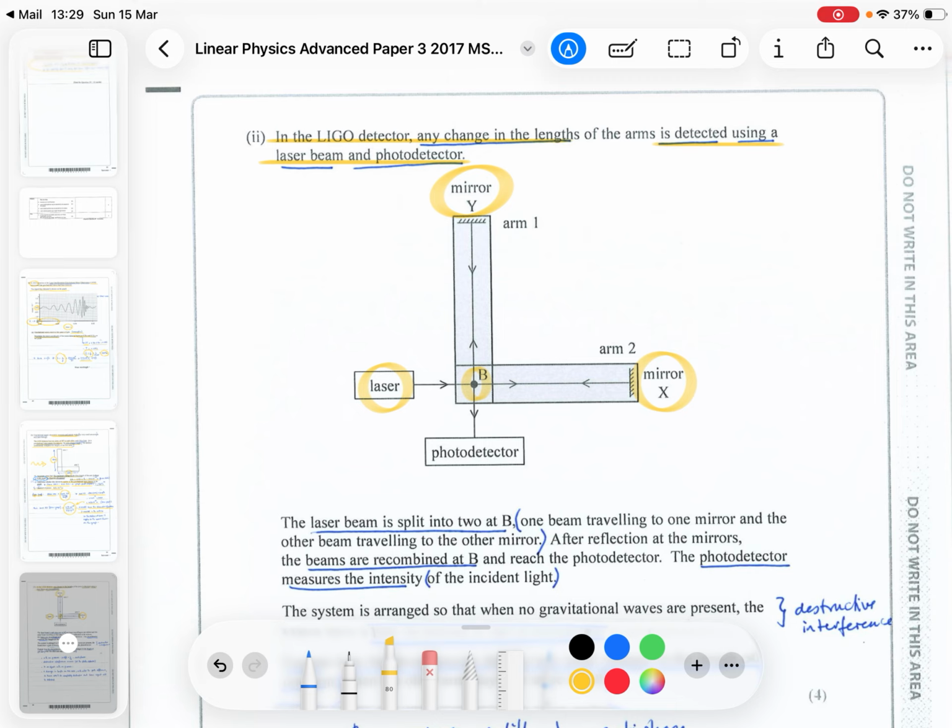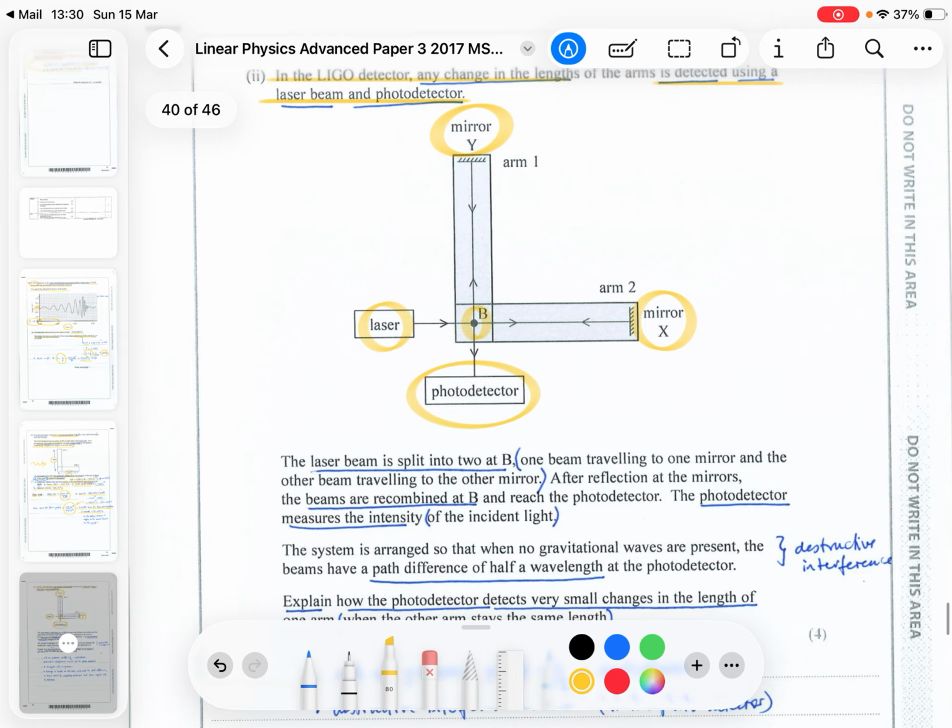They then reflect back, and then they're detected here. And if they're in phase, they cause constructive interference, and if they're out of phase, anti-phase, they'll be creating destructive interference. So it says what I just explained to you here.